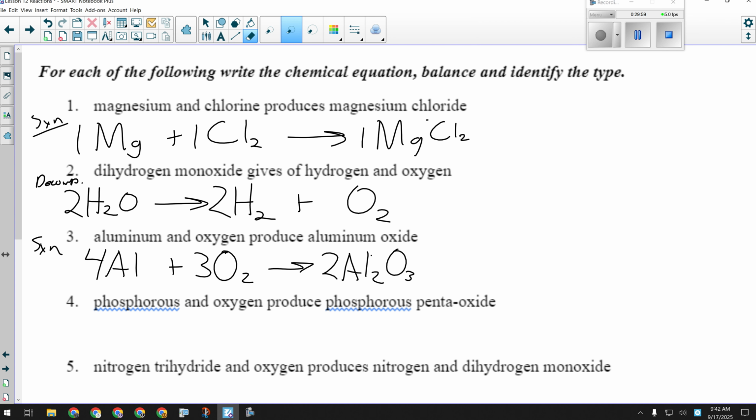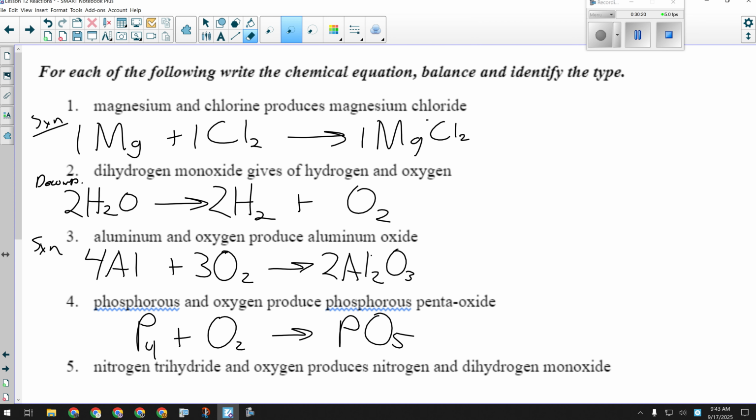All right. Phosphorus, is it special? How special? Right. And it's reacting with oxygen, O2, and that is going to produce phosphorus pentaoxide, so PO5.